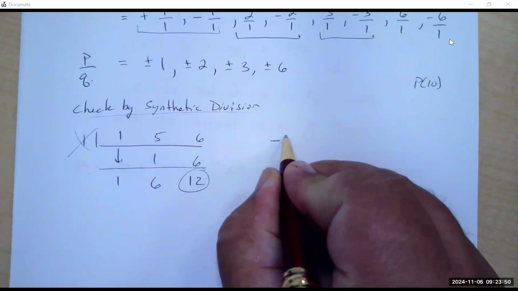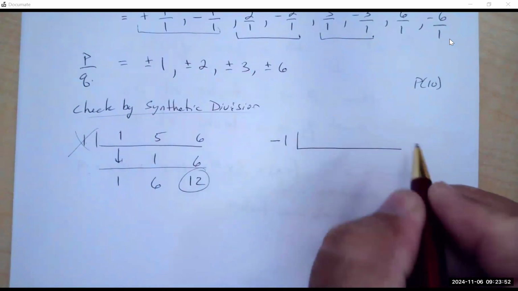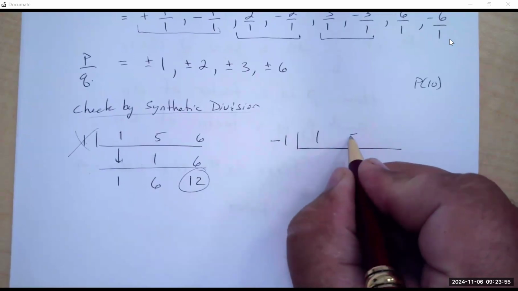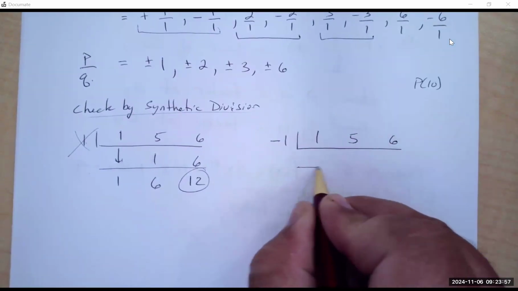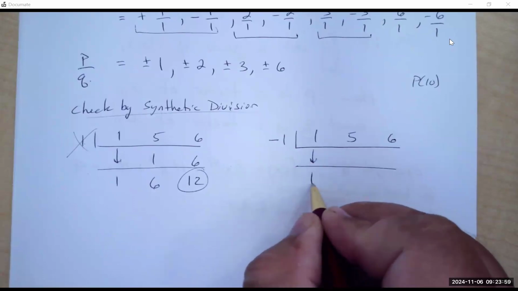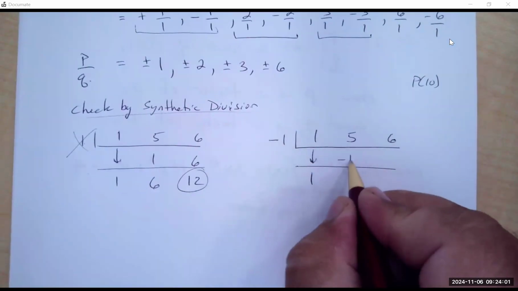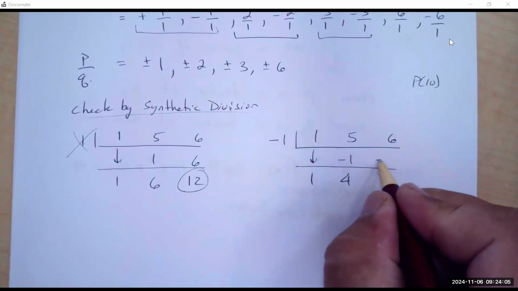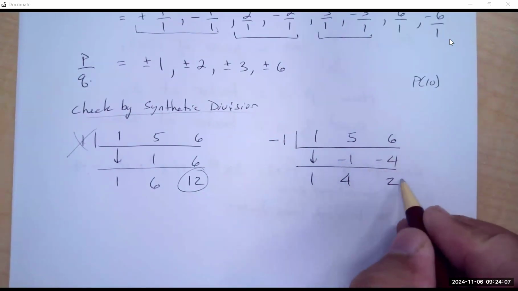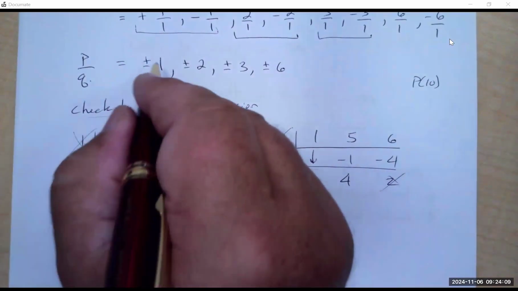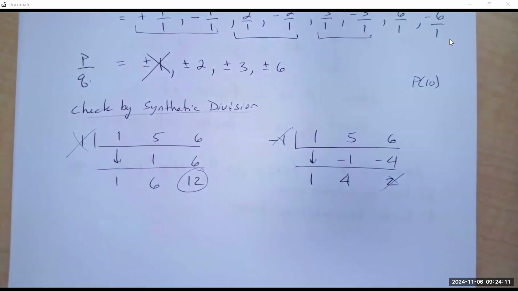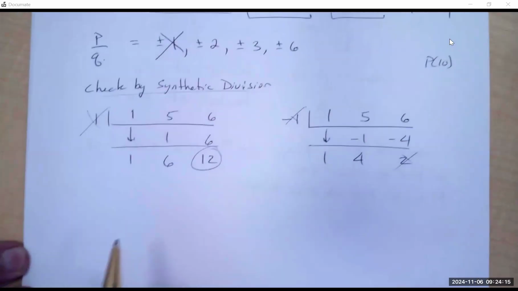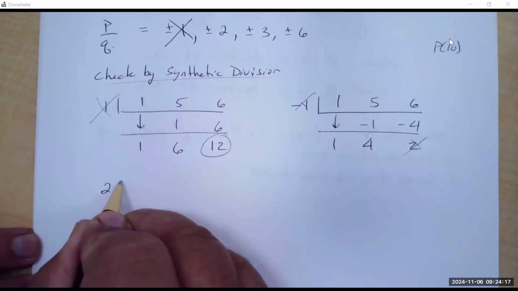We try negative 1 now. 1, 5, 6. Bring down the first term. 1 times negative 1. 5 minus 1 is 4. Negative 1 times 4 is negative 4. That still doesn't work. So 1 is not a solution, or negative 1. So we try 2 and negative 2.